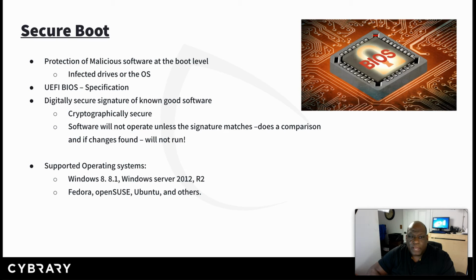Your software will not operate unless the signature matches, and if changes are found, it will not run. Now, the supported operating systems for Secure Boot are Windows 8, Windows 8.1, Windows Server 2012, and Windows Server 2012 R2. Also, outside of the Windows platform, there are other operating systems that can have a Secure Boot feature. Those operating systems are Fedora, openSUSE, Ubuntu, and others.